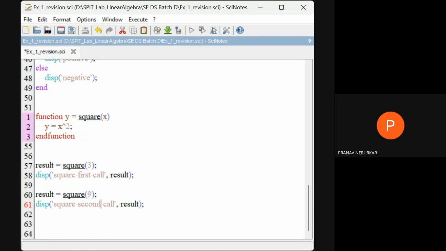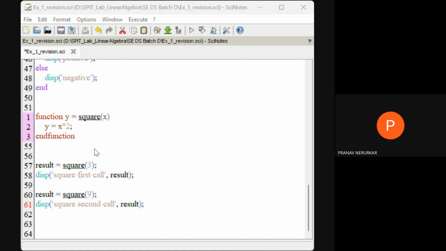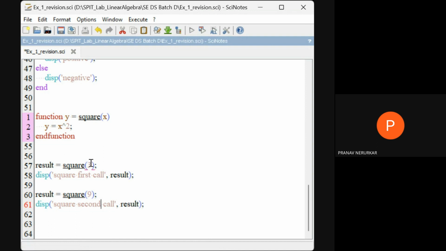This makes it possible for one function, once you write it, you will be able to call it multiple times with multiple arguments. Here we have passed 3, and second time when we call, we are passing 9.